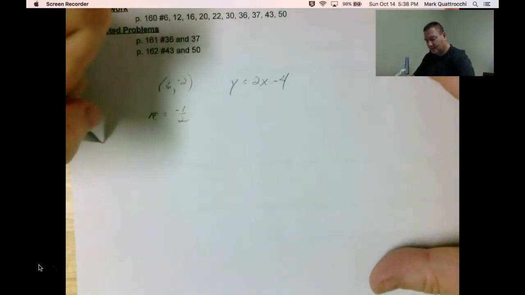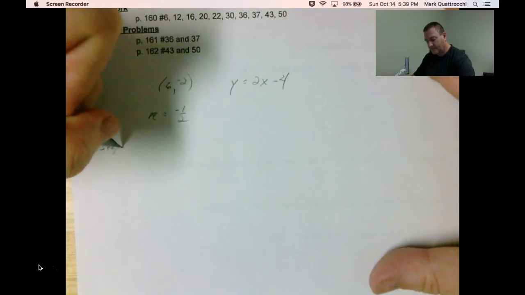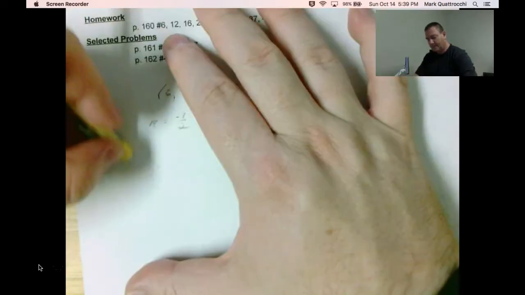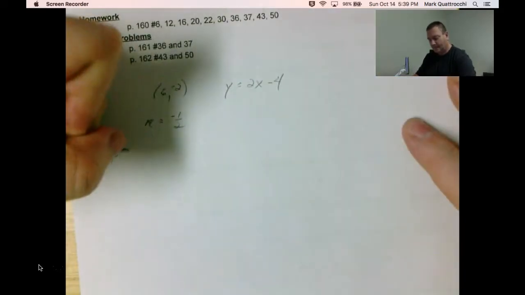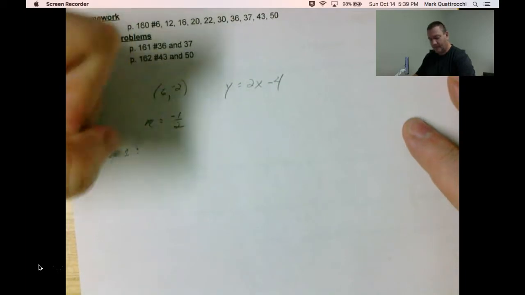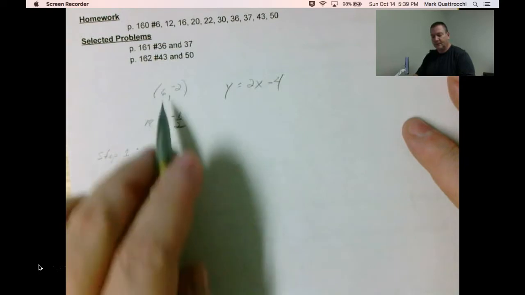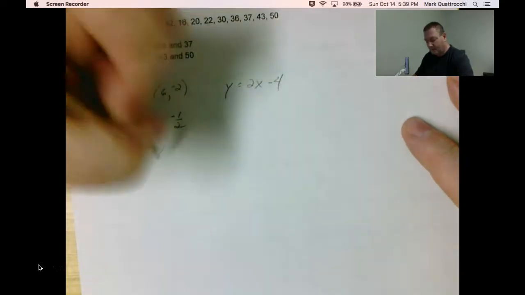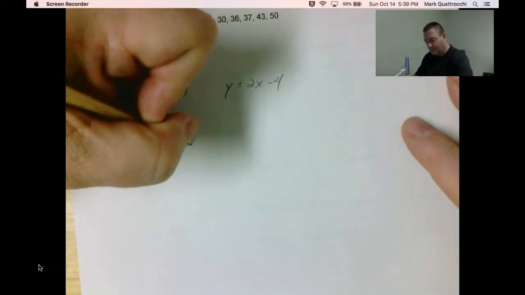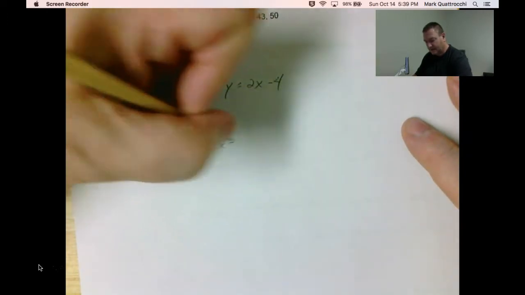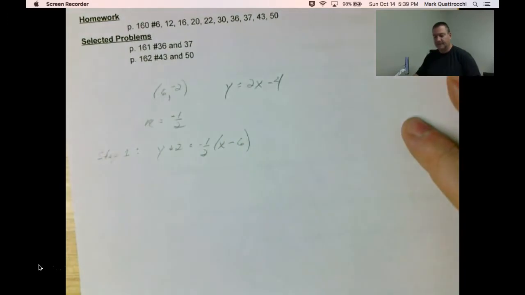We'll call this step 1. Step 1 is to come up with the equation of the line with this slope going through this point. y plus 2 equals -1/2 (x minus 6).